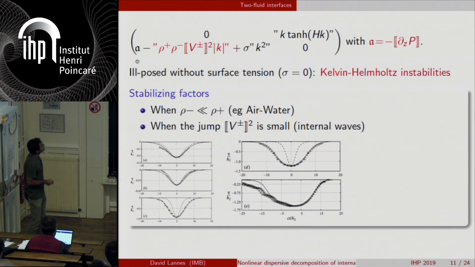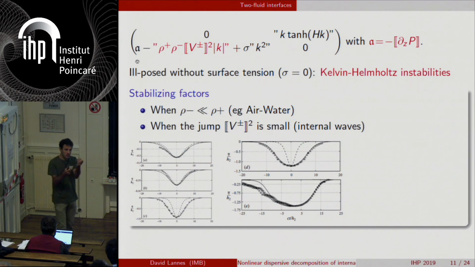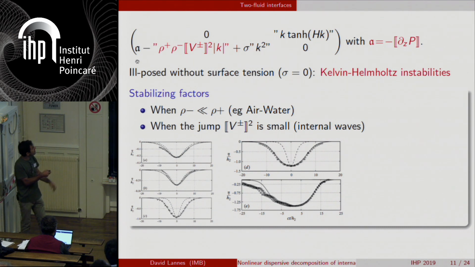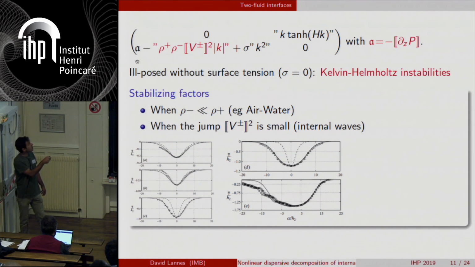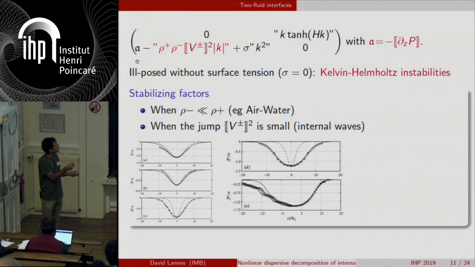So this stabilizing factor is really for internal waves, where you have two fluids of different density, but the two densities are close enough. So you cannot explain the stability of this wave by this argument that rho minus is smaller than rho plus. And the other possibility is just that the jump of the shear velocity is very small. This is the only other stabilizing factor that can happen.